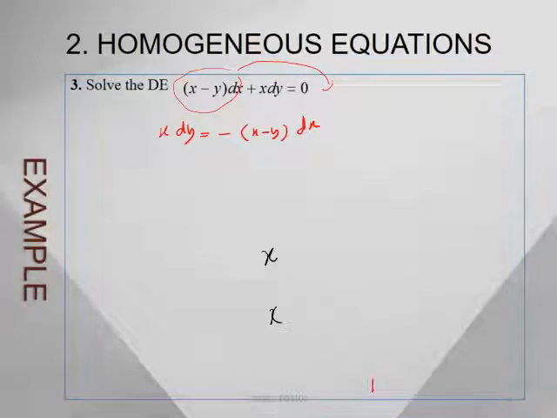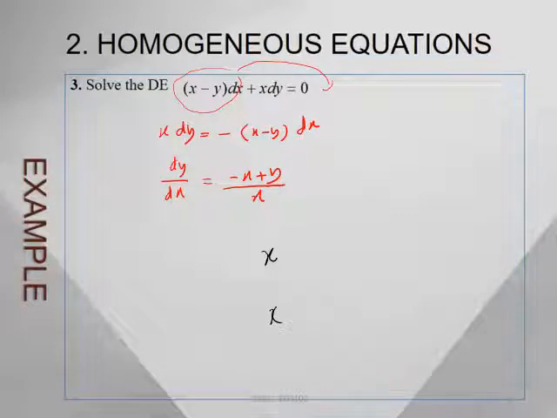Next, we will move the dx over, so dy over dx is equal to negative x plus y, divided by x, right?